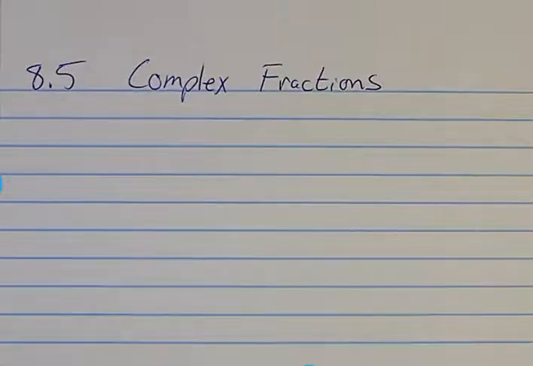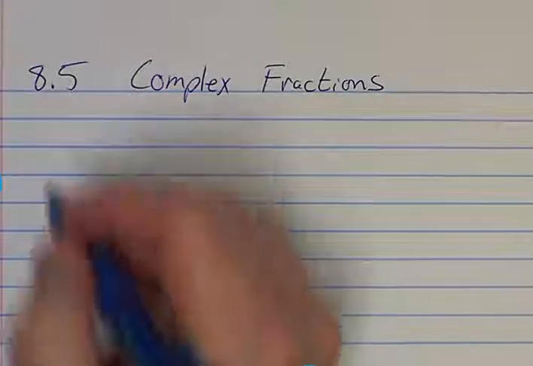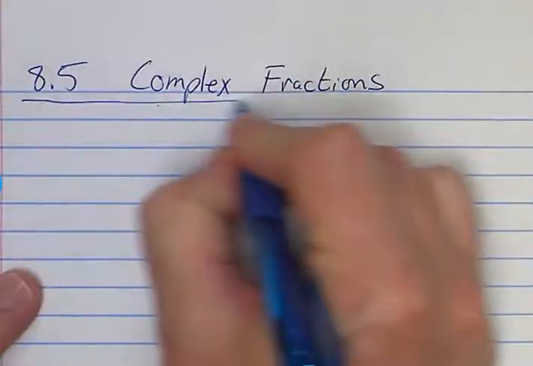Okay, complex fractions. Here's the big thing. Here's the one big difference with the complex fractions we did from all the other fractions in 8.5. You are still going to find the least common denominator.